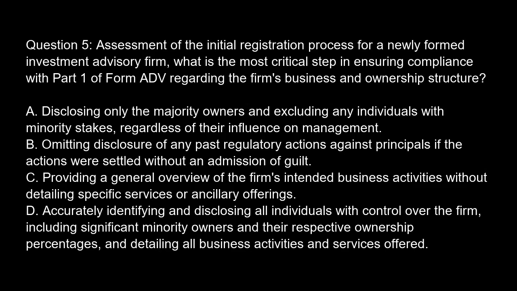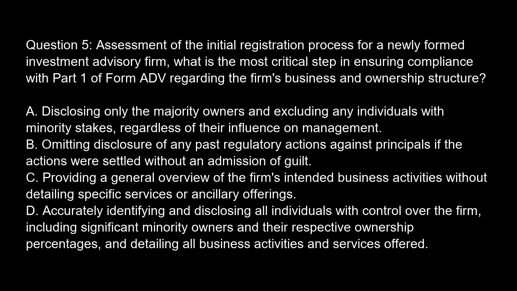Question 5. Assessment of the initial registration process for a newly formed investment advisory firm. What is the most critical step in ensuring compliance with Part 1 of Form ADV regarding the firm's business and ownership structure? Option A. Disclosing only the majority owners and excluding any individuals with minority stakes, regardless of their influence on management.